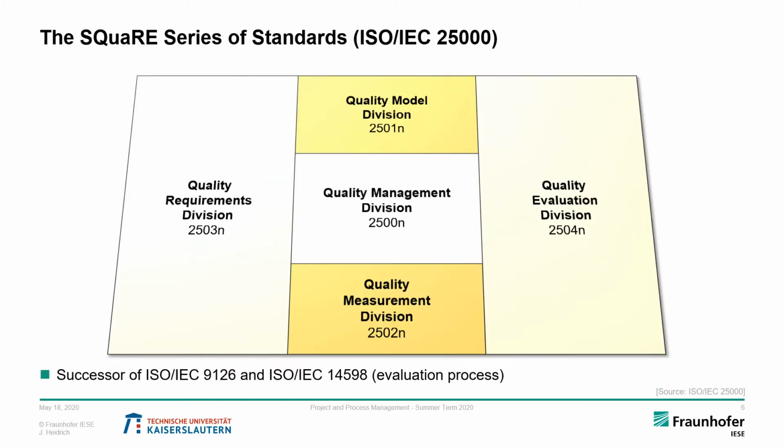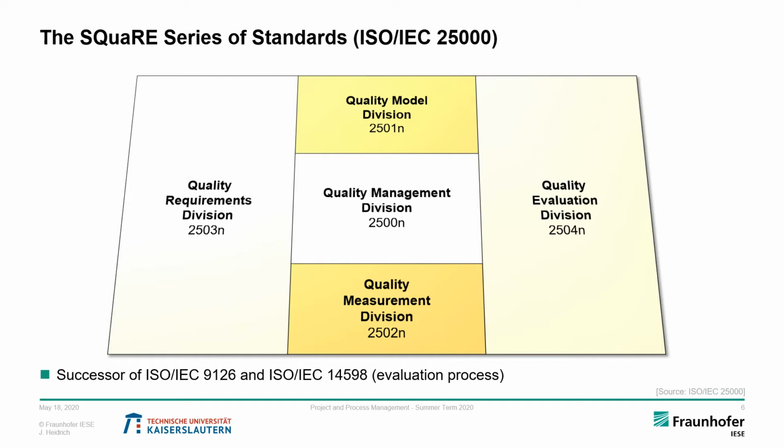So what standards are there? Well, there are a couple of standards in this area. Some take a very holistic approach to the topic of software quality. Some only address a specific quality characteristic and try to analyze it or make recommendations on how to analyze this specific aspect. One of the, I would say, mother of all standards in this area is the SQuaRE series of standards.